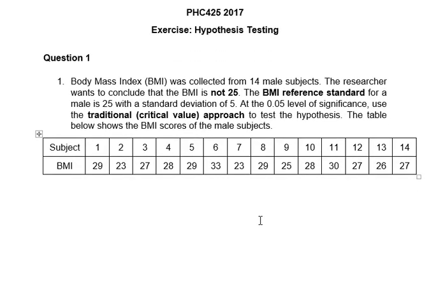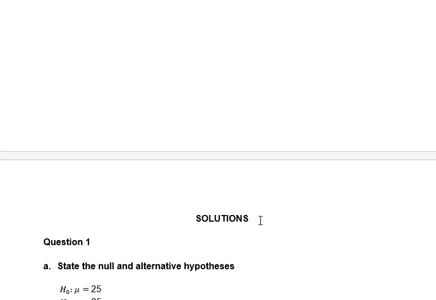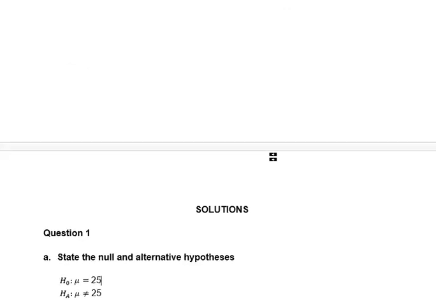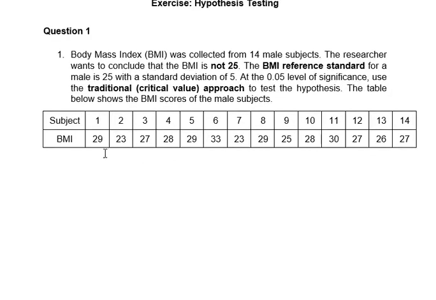How do we find the sample mean of 27.43? You have to take the average of all of the data and divide by 14. Add all of these: 29, 23, 27, 28, 29, 33, 23, 29, 25, 28, 30, 27, 26, 27.